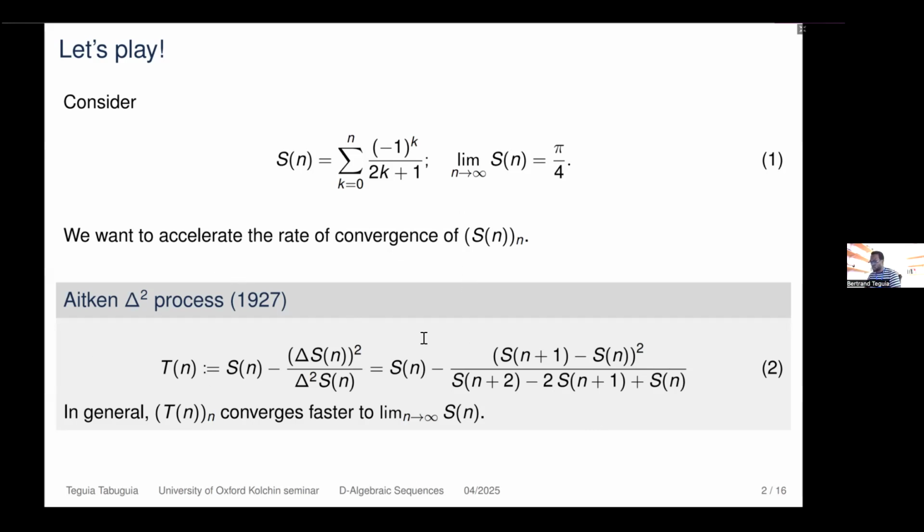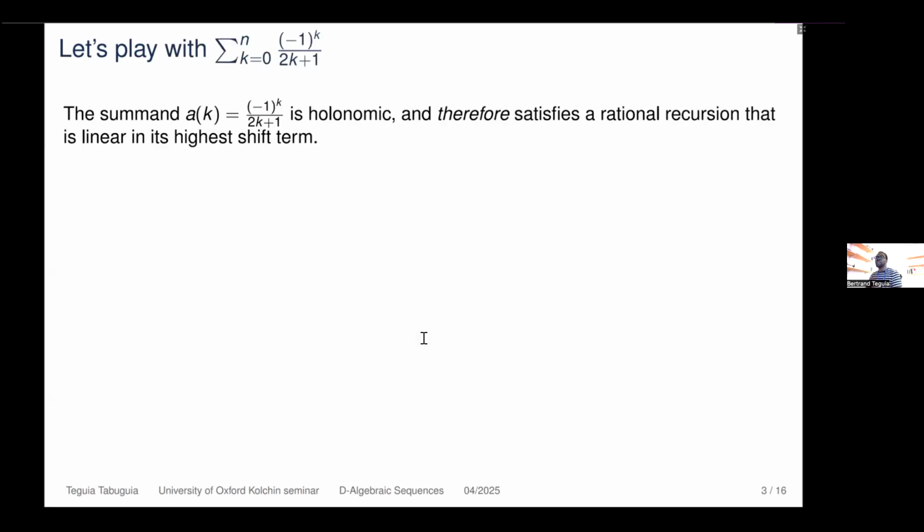We consider the summand of this sequence. The summand is holonomic. By that, I mean that the summand satisfies a linear recursion with polynomial coefficients in the index variable, which is k.